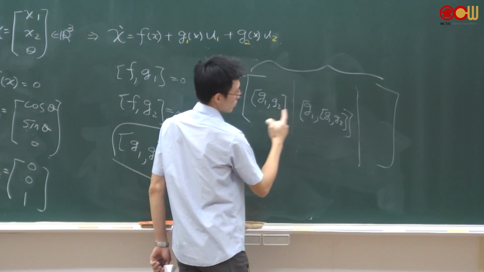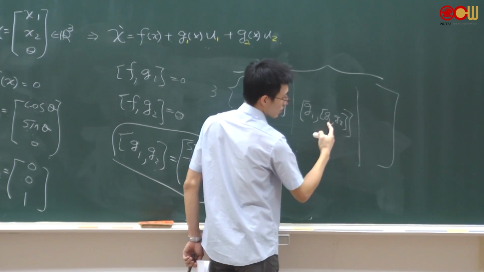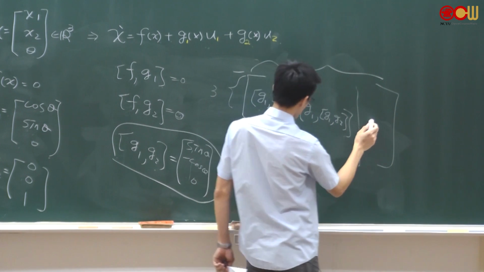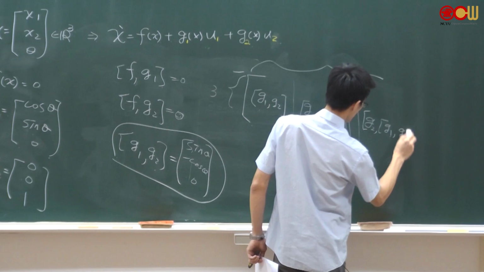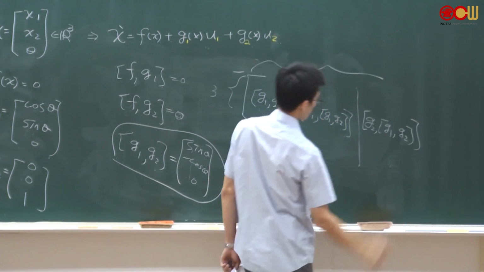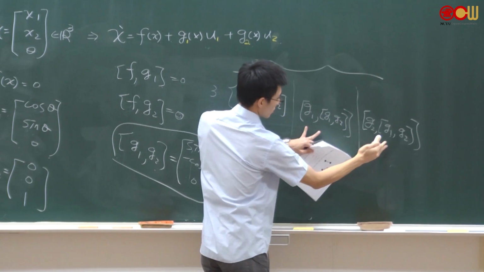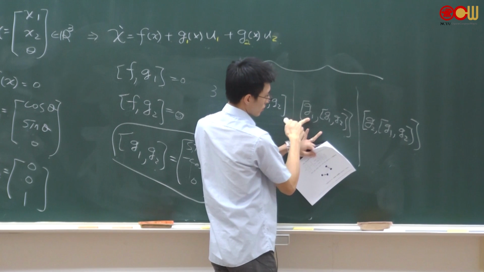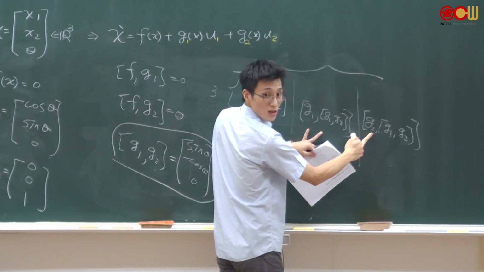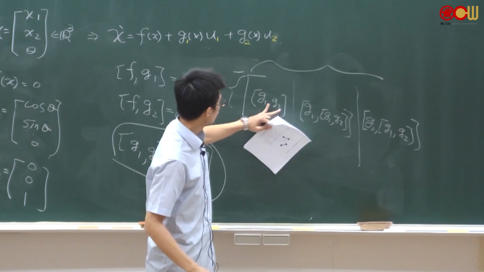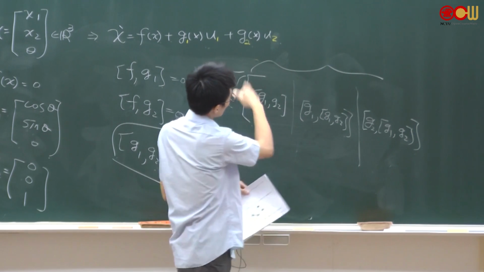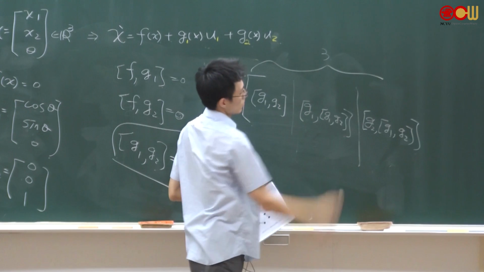So at least you need to find 3 combinations of this. So next one will be G2, G1, G2. Okay. The only difference between these two is I put G1 first and G2 first. And here you should get a 3 by 3 matrix.